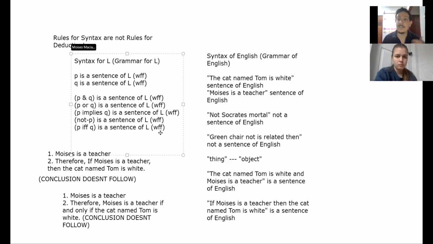It is a procedure that can go on indefinitely. There's always a successor. So for example, if P and Q is a sentence of L and R is a sentence of L, then P and Q or R is a sentence of L. Or if P and Q, then R is a sentence of L. Or P and Q if and only if R is a sentence of L. You see what I'm saying?